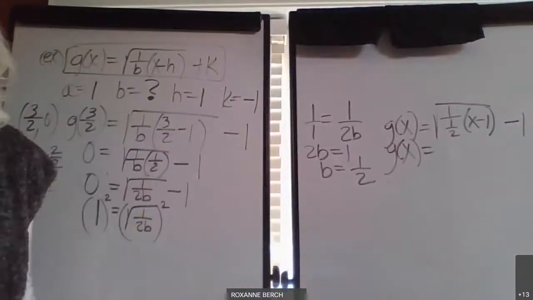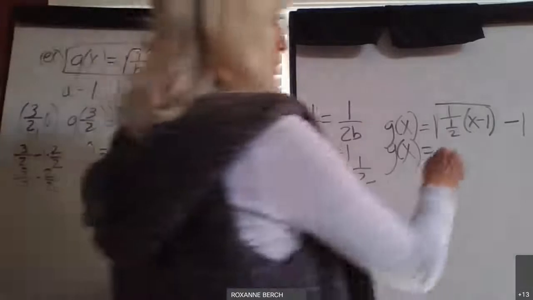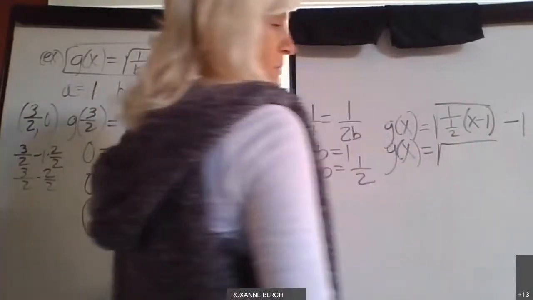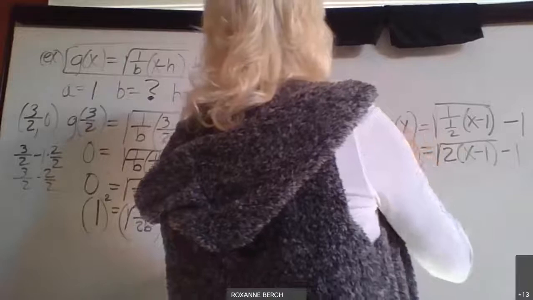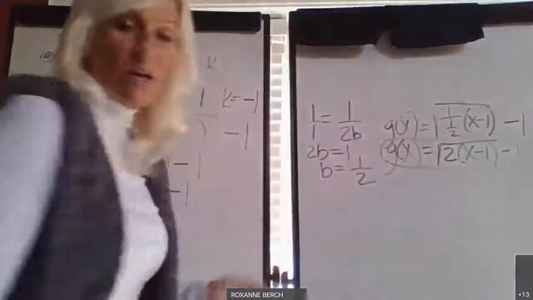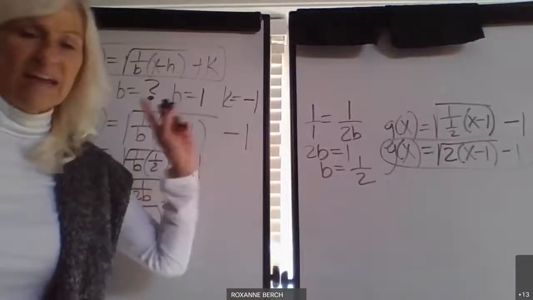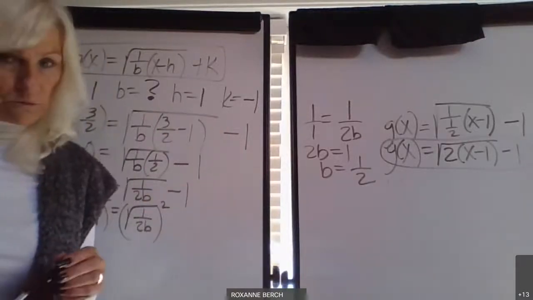What's 1 over a fraction? It's the reciprocal, right? The reciprocal, so it'd be 2. 2 times the quantity x minus 1, minus 1. And if you put this in the calculator and you set up the window right, you're going to get that graph I had up here. So this is the correct answer.